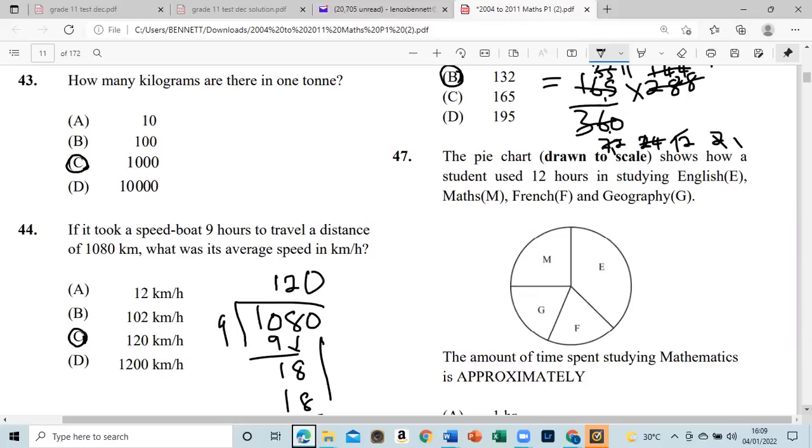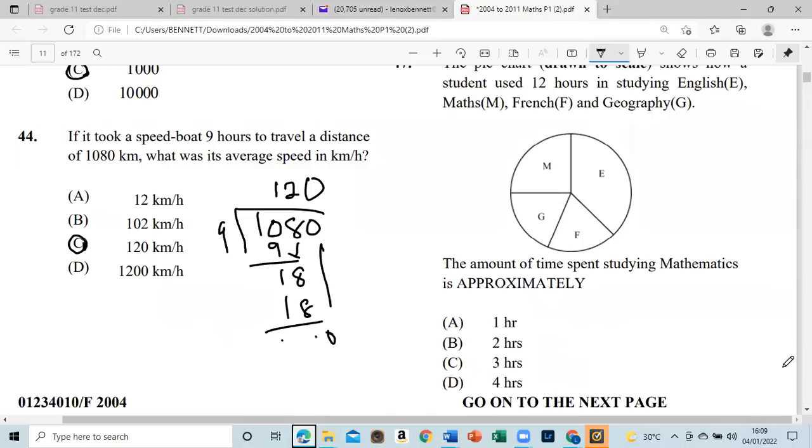The pie chart, not drawn to scale, shows how a student used 12 hours in studying English, math, French, and geography. Okay, so the question is, the amount of time spent studying mathematics is approximately, I could say 12 hours, right? So then we could say English and French approximately 6 hours, right?